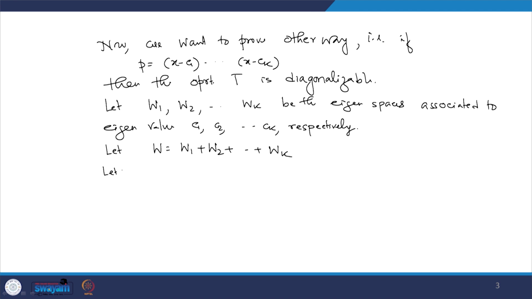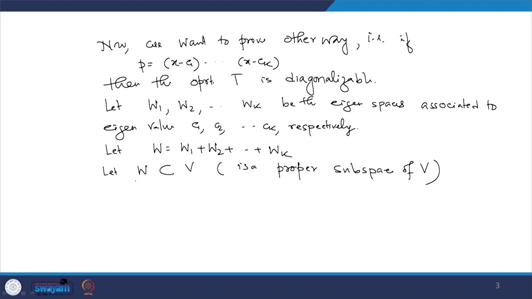Let W be a proper subspace of V. Otherwise, the operator T will be diagonalizable please, because the space is spanned by the eigenvectors of the operator T. So, I have assumed that W, the sum of eigenspaces, is a proper subspace of V. I will say that it is not possible.